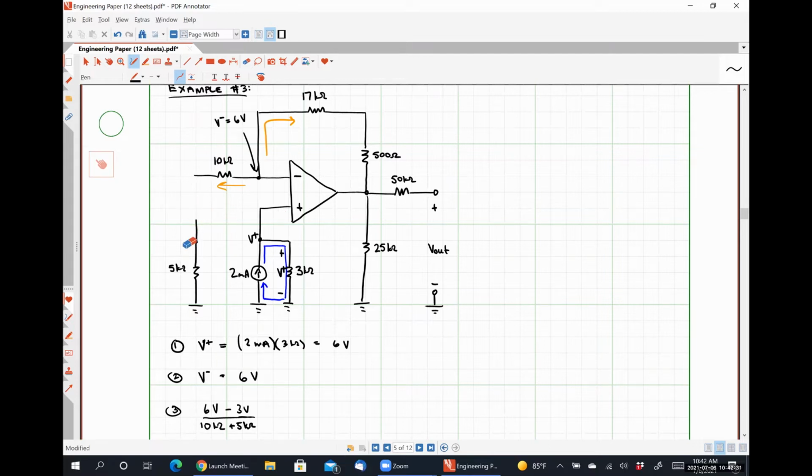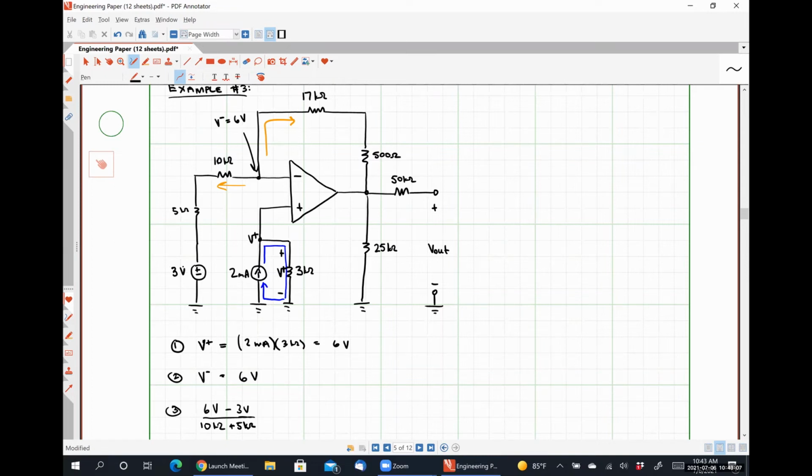So what you could do is simply change their order like that, and it becomes much more obvious that it should be 6 volts minus 3 volts over that total series resistance of 15 kilo ohms. But you caught it drawn the goofy way, so you're doing very, very well.